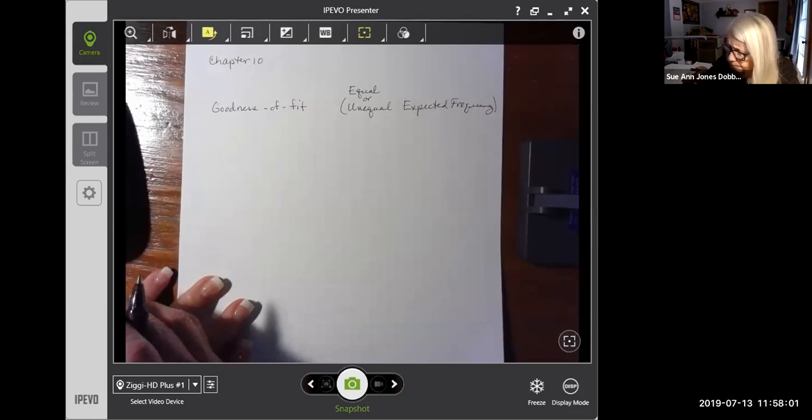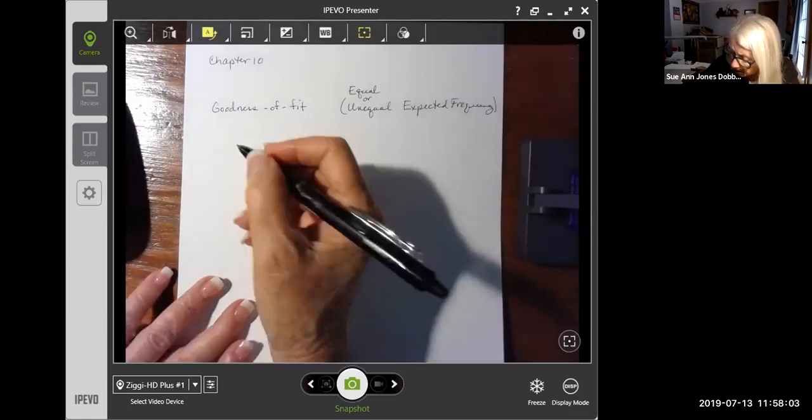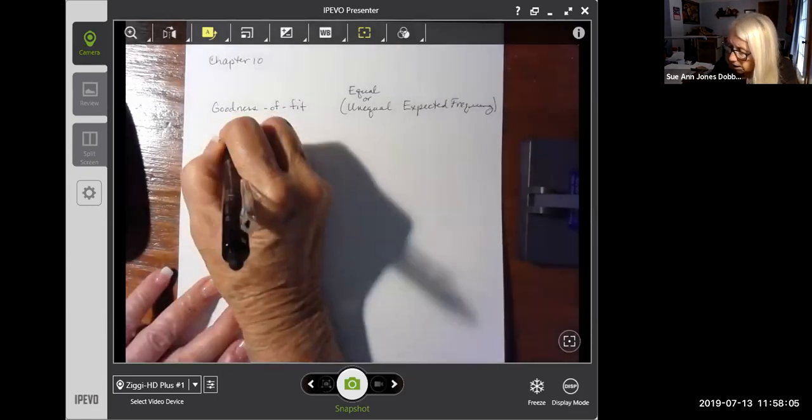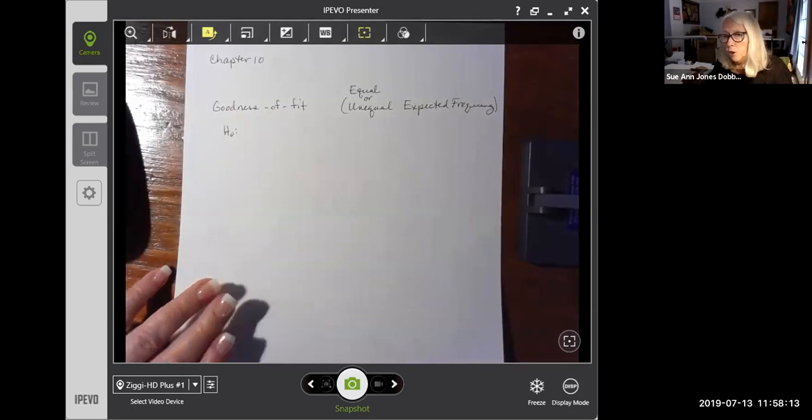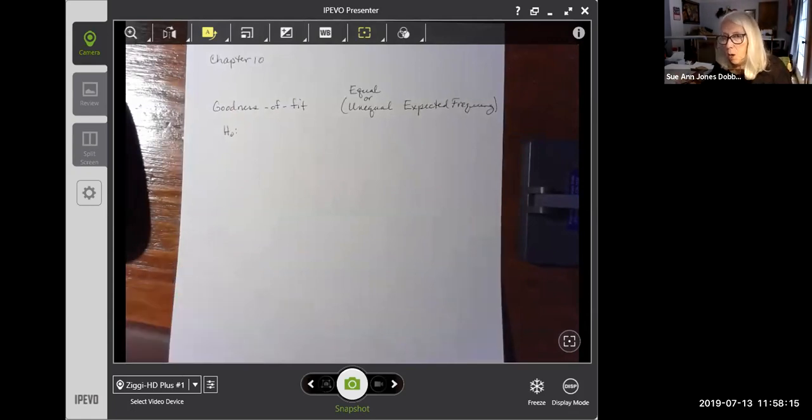So the null hypothesis in a goodness of fit is typically described as either all the proportions are the same or they are unequal in an expected pattern. So let's just do an example here.